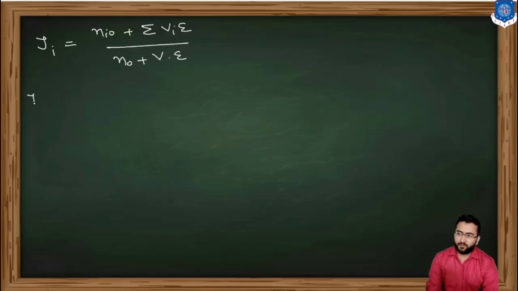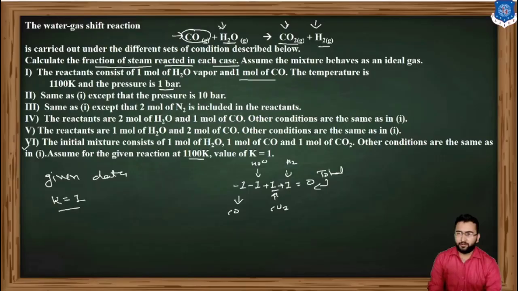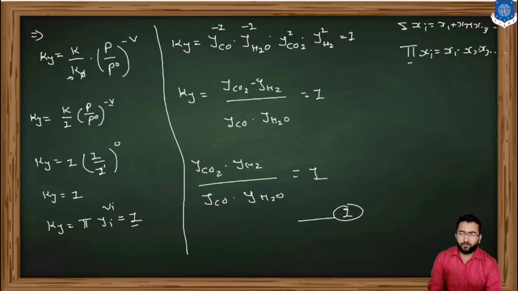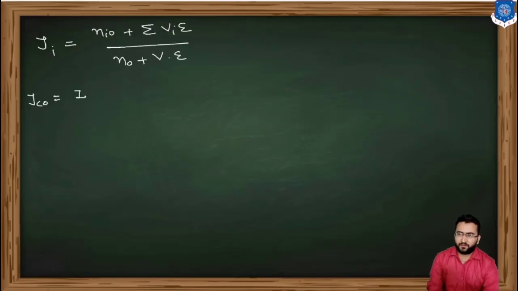Okay. So y of CO can be given by the initial mole of CO. In the statement it is told that the initial mole of CO is 1 mole. So here I write 1 plus summation of Vi epsilon.